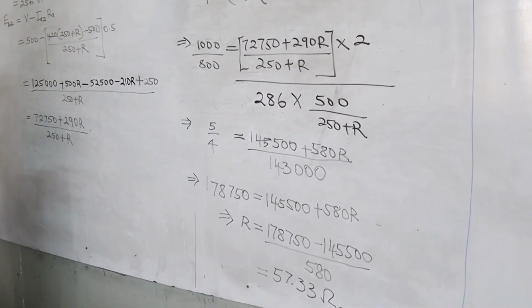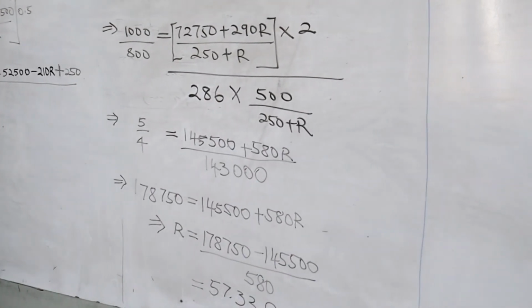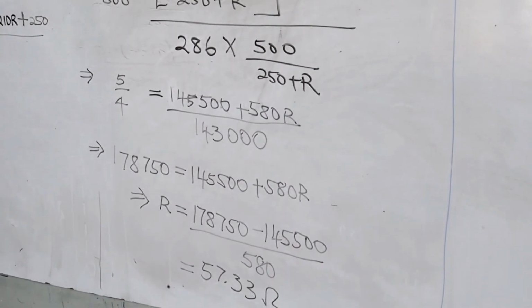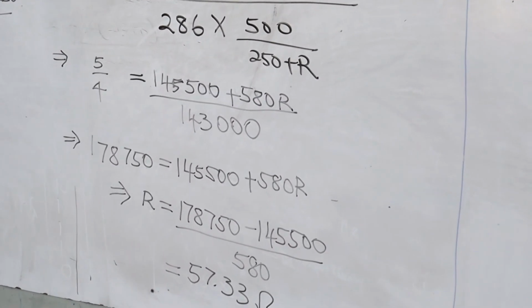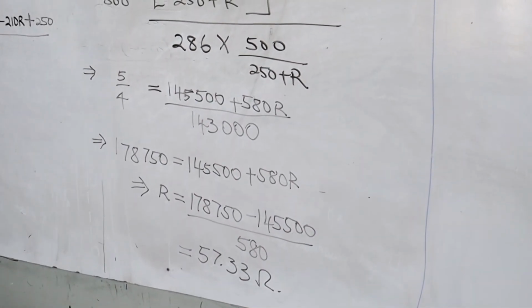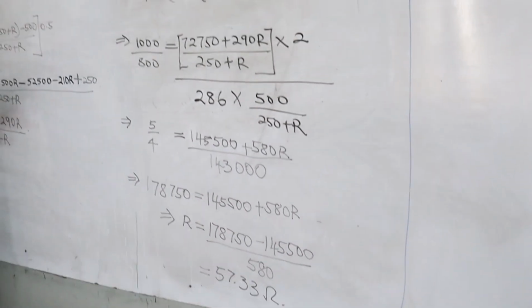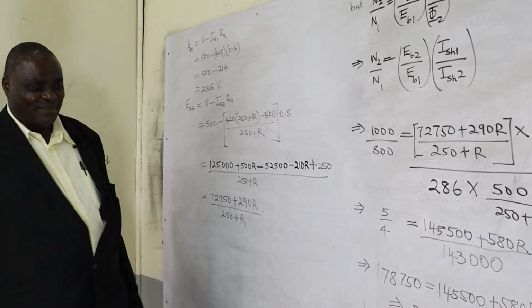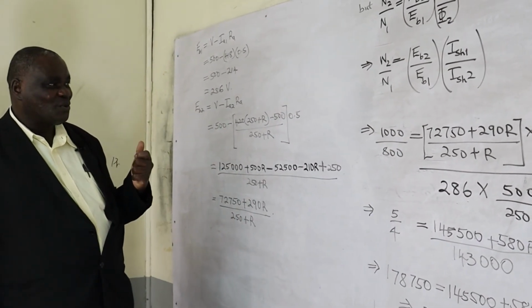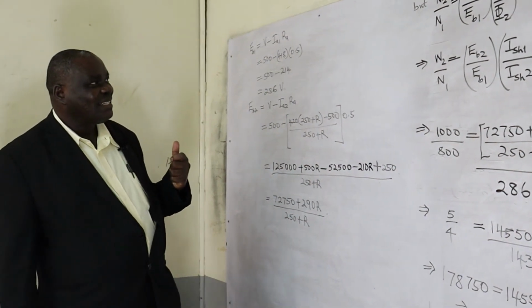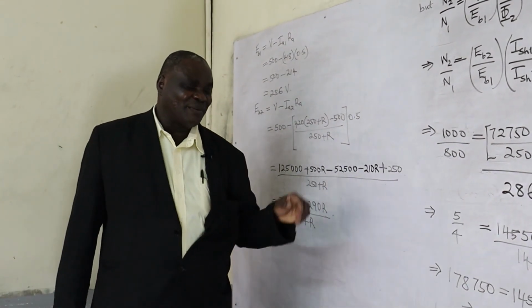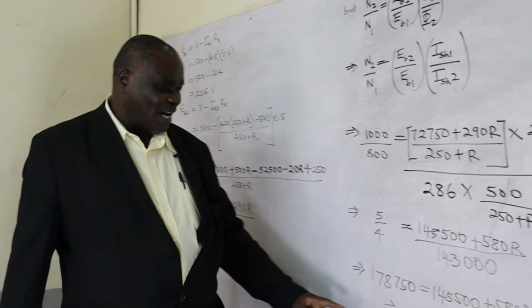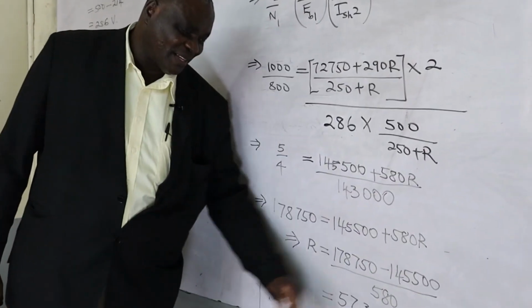That value should always be less than the original field circuit resistance, the original shunt field resistance. It cannot be above that value because we are only trying to add some small percentage of that particular value. So R is equal to 57.33 ohms.